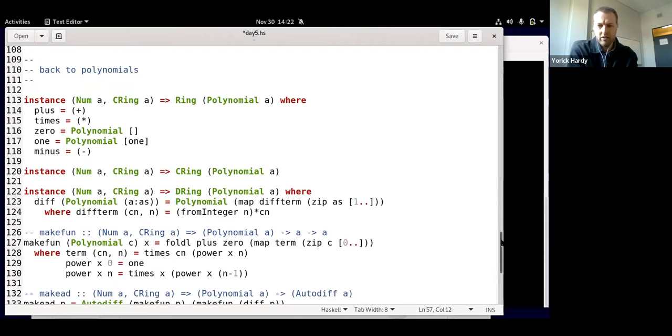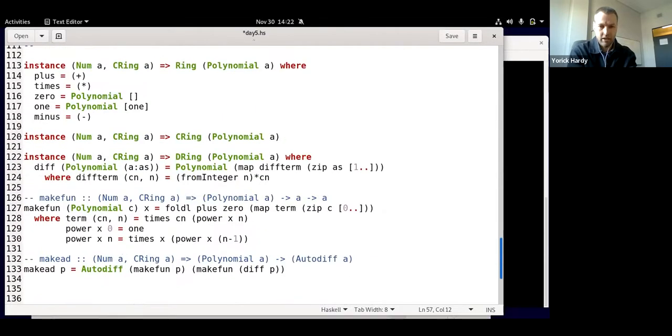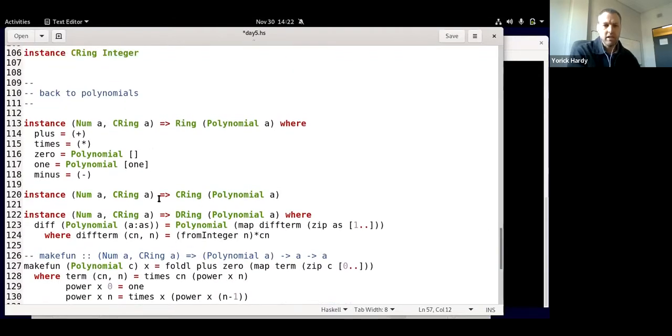Another thing that we can do is extend it to be a ring with differentiation, which I've called the DRing here, which must provide a map which takes type A and gives you type A again. So in our case, that will take a polynomial over something and give us another polynomial, and that would be the derivative. So let's see, do we have an implementation? Here's an implementation.